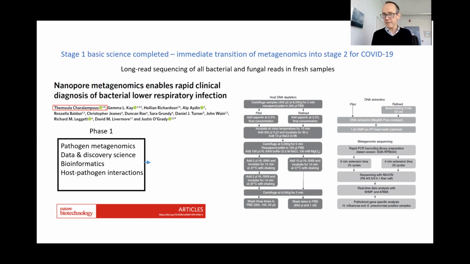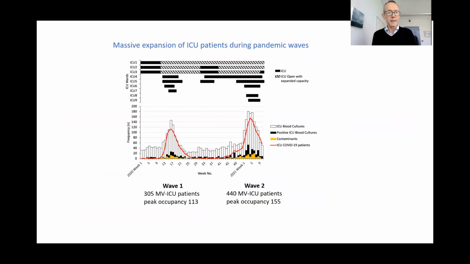Now, you can't freeze samples. You've got to have fresh samples, or else you'll just get overwhelmed with human reads, human DNA that needs to be depleted before you can go about sequencing the pathogen DNA. So basically, all of the phase 1 basic science had been done by Themis. She arrived a week into the pandemic, and we say to her, well, can you do some metagenomics on respiratory patients? And she can, and so off we went.